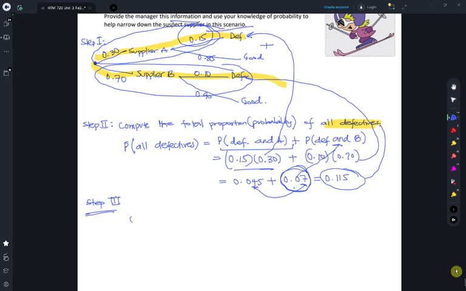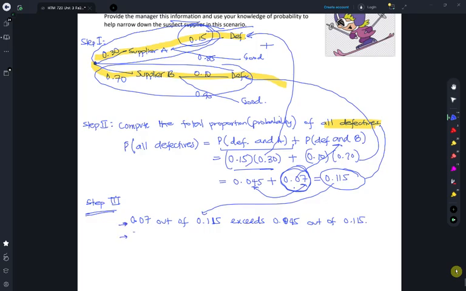So 0.07 out of the total proportion of defectives exceeds 0.045 out of 0.115.